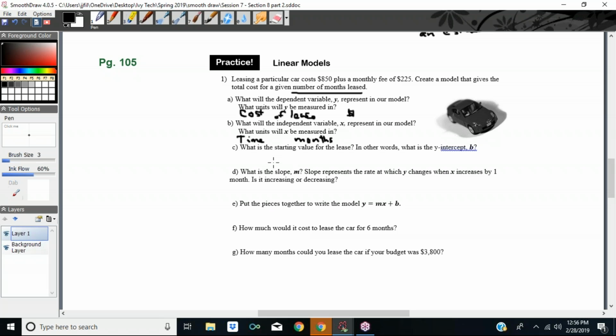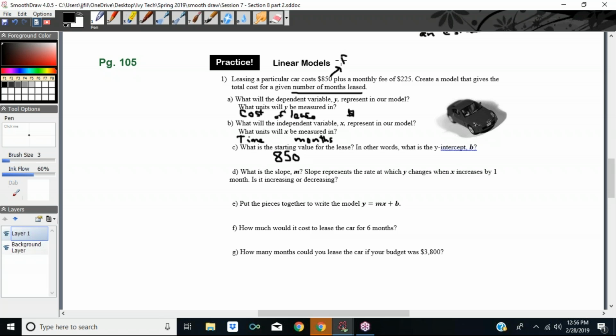Like when you go there, you have to pay this up front, and it doesn't change. Yeah, you have to pay the $850 up front. That's not the monthly amount. That's the fixed amount.